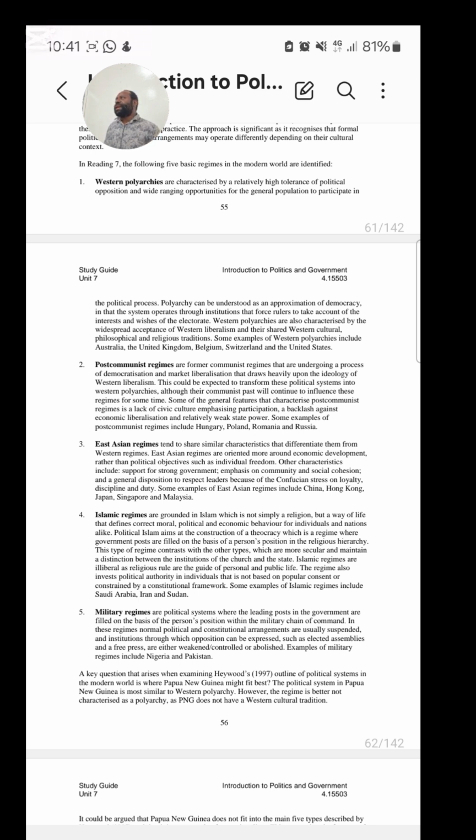And these rulers must take account of their rulership or leadership. So Western polyarchy is commonly associated with democratic countries, Australia, New Zealand, even Papua New Guinea as well. The fact that you have the right to criticize your government means you can be categorized under a Western polyarchy system. Okay?